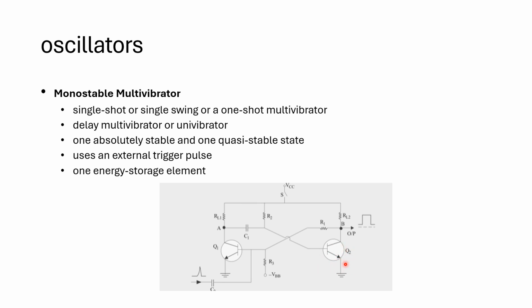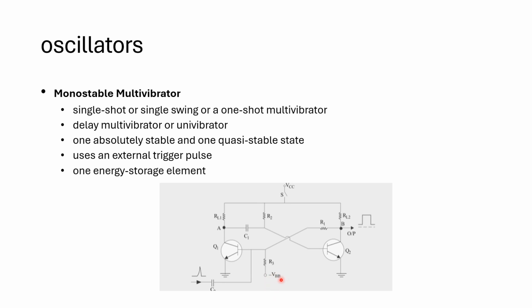Since Q2 is in saturation, therefore the output here is equivalent to 0, and it will not change unless this capacitor is charged. And this capacitor will not be charged until we break this negative VBB here.